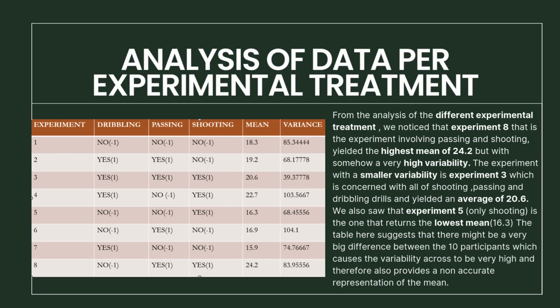For the analysis in regards to each experimental treatment, we can see that experiment 8 has the highest mean goal scored, but it also has a very high variation. This high variation, when regrouping the replications, suggests once again that there is a significant difference between the players, which means that the means might be pulled up or down depending on the presence of a very high value or a very small value.